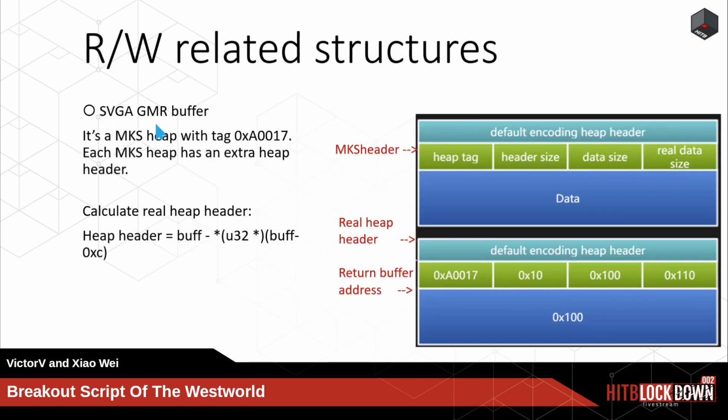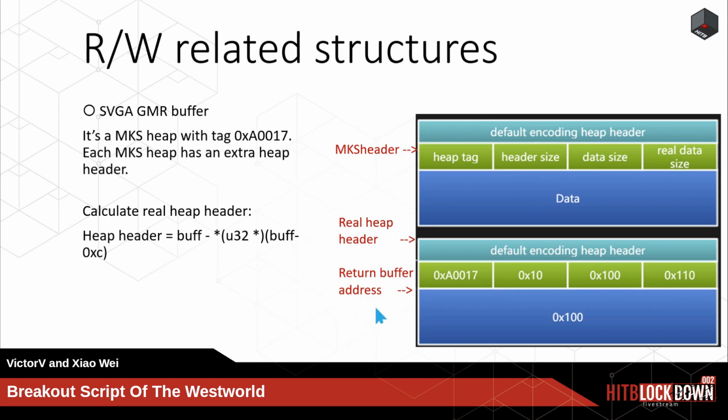SVGA GMR buffer is a MKS heap. MKS heap is a special heap with an extra heap header. The header field looks like this. It has a field named header size.